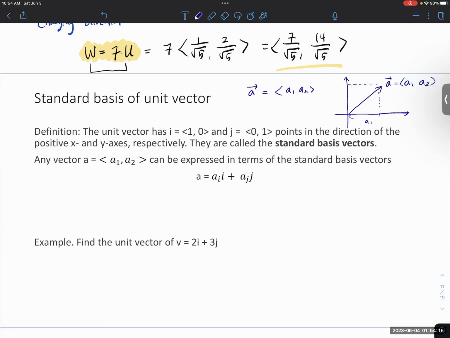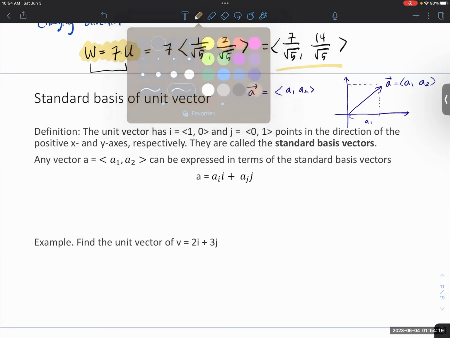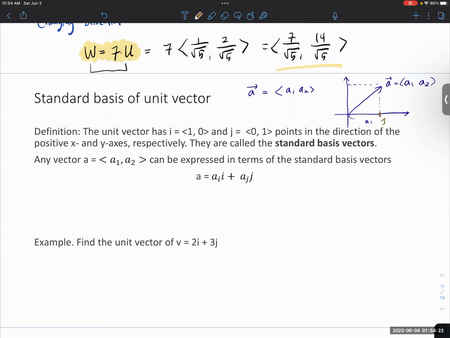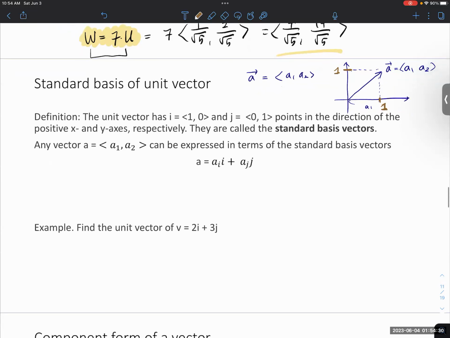And then let's think about it. What if A1 is 1? You go 1 unit on the x-axis, you go 1 unit on the y-axis, right? Let's see that in this image. So we have A1 equal to 1, A2 equal to 1 as well. Am I correct?